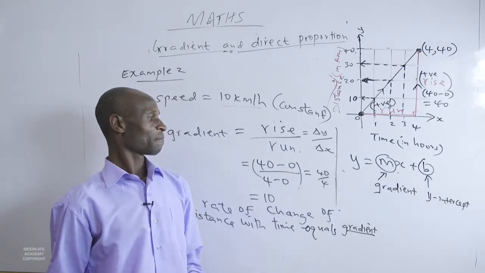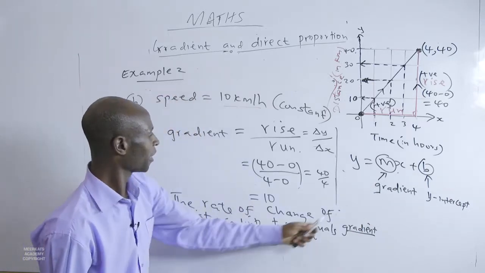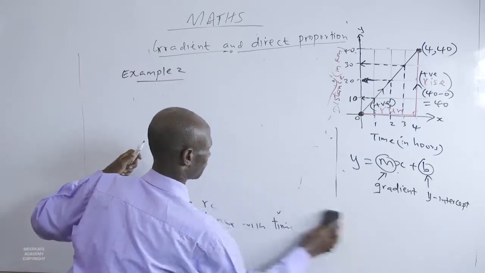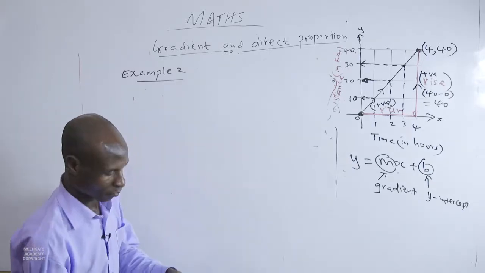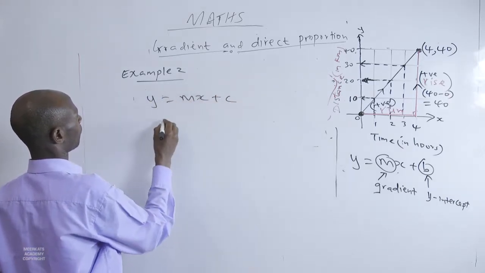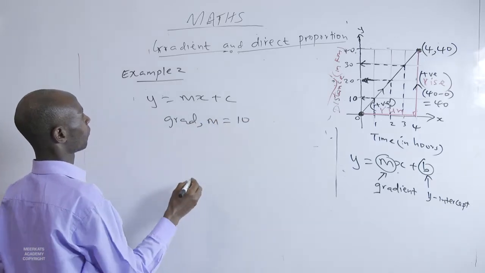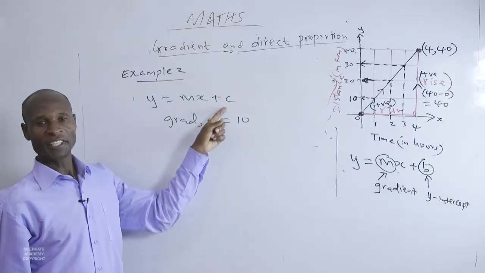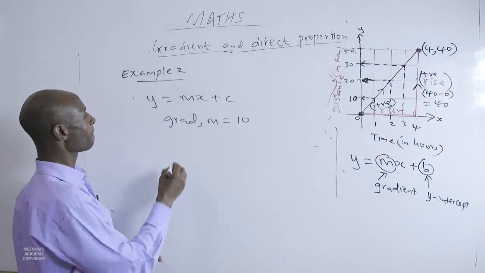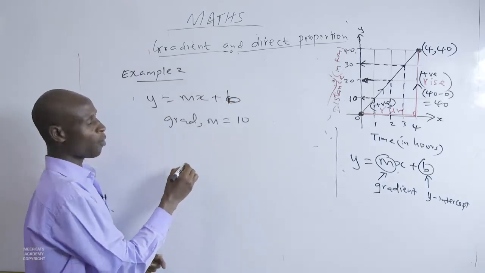From our graph, the gradient is 10. The y-intercept, that's where the graph is cutting the y-axis, is 0. So that means our b is 0.